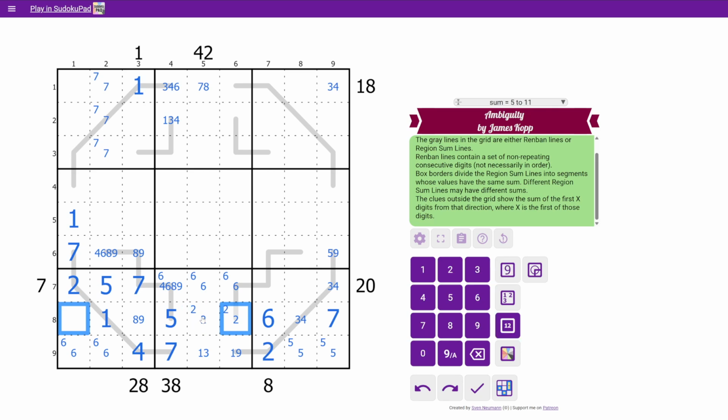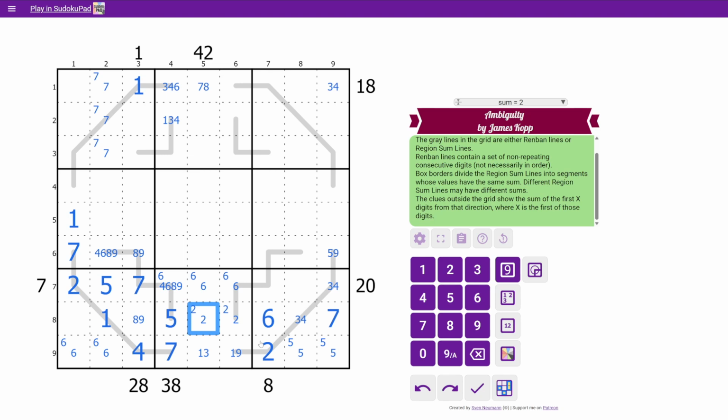It can't go there, though. Maybe this box is interesting. If this is an 8, or no, if this is a 7, this can only be a 1 or a 2. And actually, it would only be a 2. If it was an 8, though, what would it be?